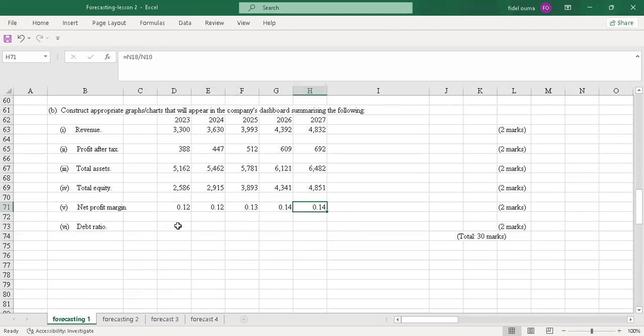So I'll go to the last one, which is the debt ratio.